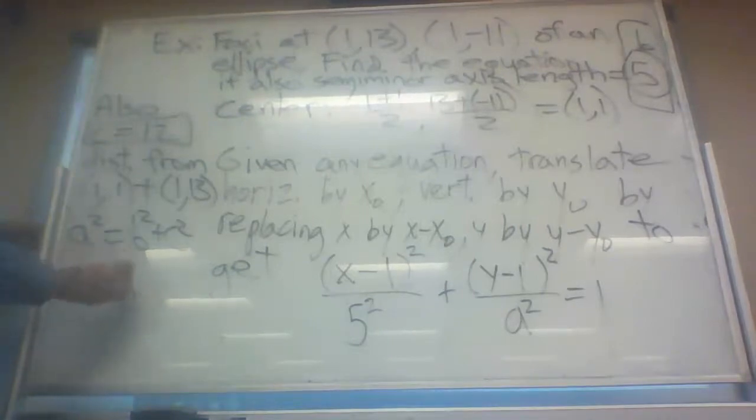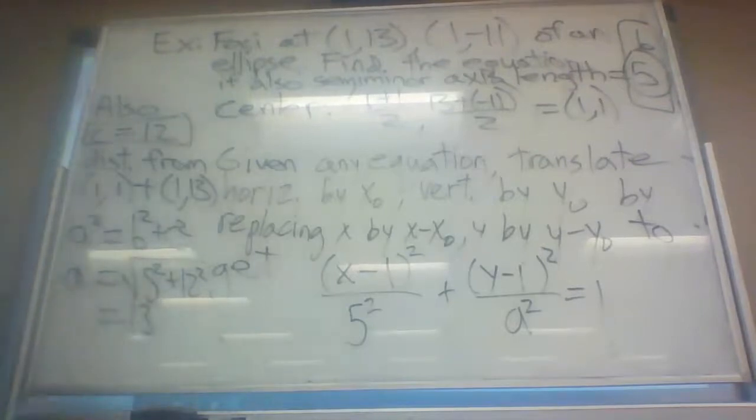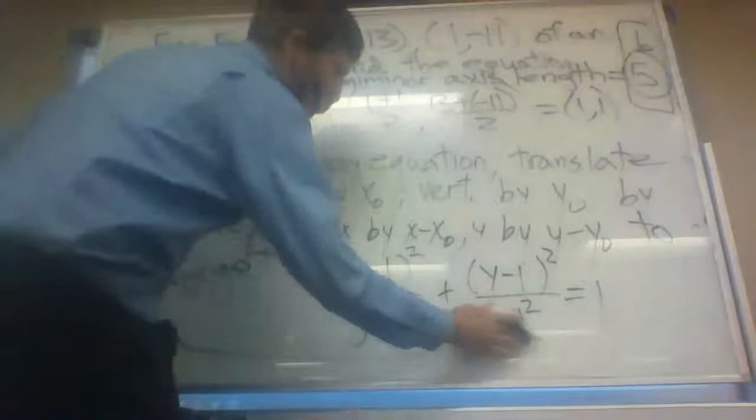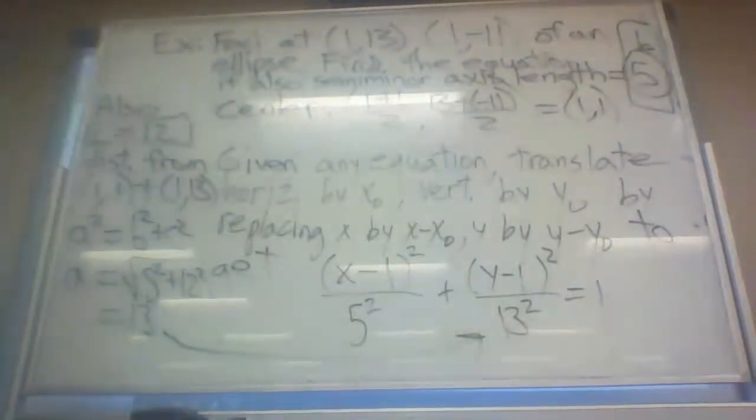So for the ellipse, it's A squared equals B squared plus C squared. The semi-major axis length is the largest number. So A is the square root of B squared plus C squared, which is 5 squared plus 12 squared. If you work that out, the square root of 169 is 13. So A equals 13. Now I can write it in.